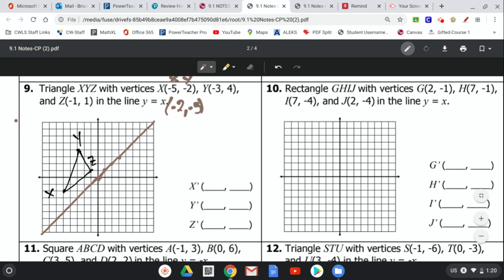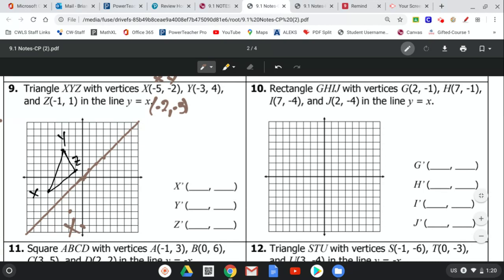All right. And if we plot -2, -5, that's going to be right there. That's going to be our x prime value, okay? And as you can tell, it looks about right. It looks like it's in the right position. It looks like it's about the same distance because it is, okay?